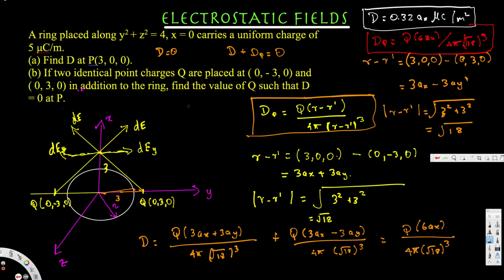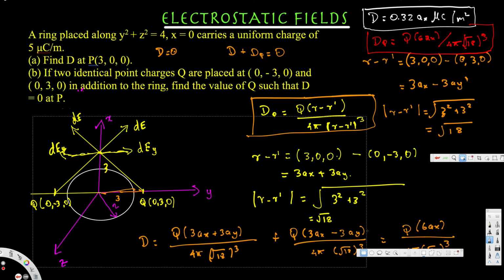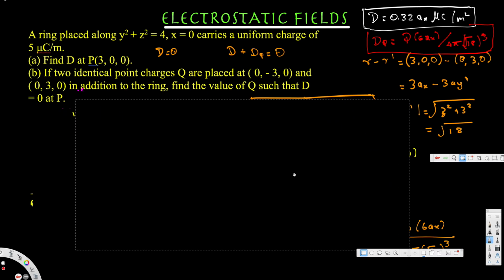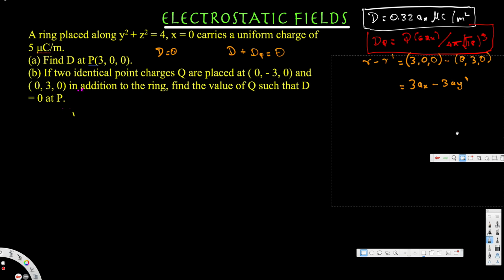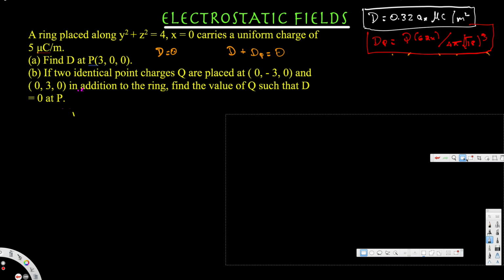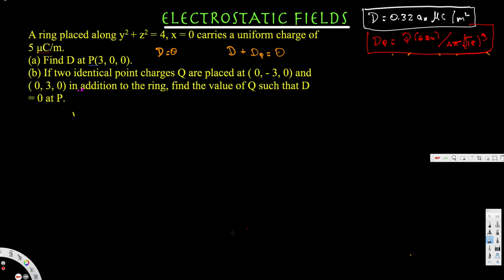We have to find the value of Q such that D is equal to 0 at P. Now let's get rid of all of these things. Okay, let's continue. Okay, so we have this D and DQ.